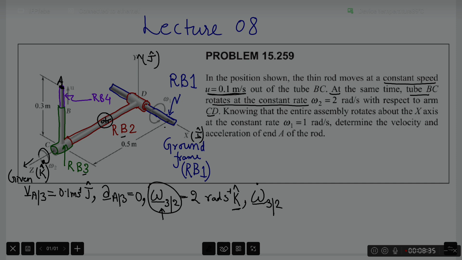It is always pointing along k hat. And for this observer, the magnitude of omega 32 also remains constant, because it is mentioned here. And thus our conclusion is that omega dot 32 must be a zero vector, a null vector.